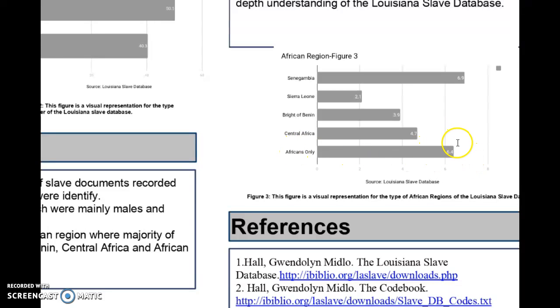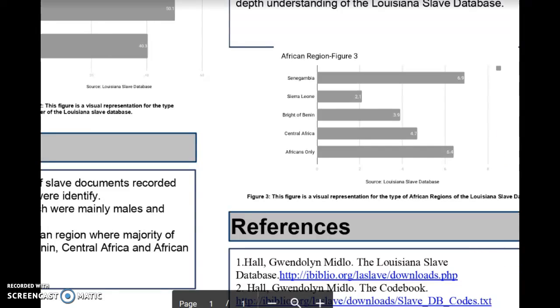That was the second largest percentage of regions that the Africans came from, and the third was Central Africa. So we have Senegal, Central Africa, and Africa only. Syria was the least amount of Africans where they came from, and the Bight of Benin was the least amount of Africans where they came from.